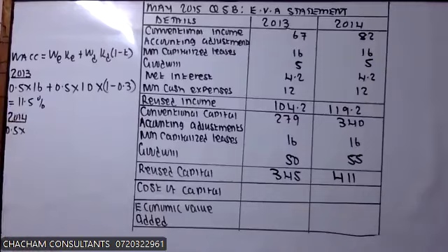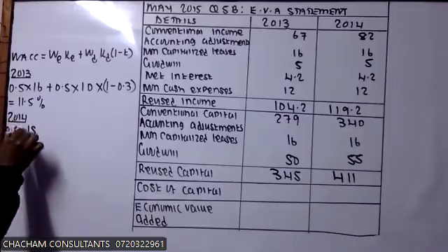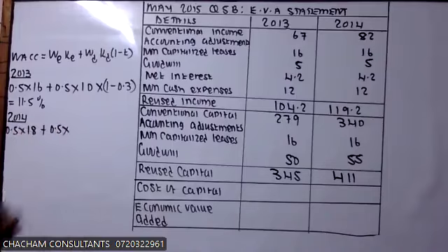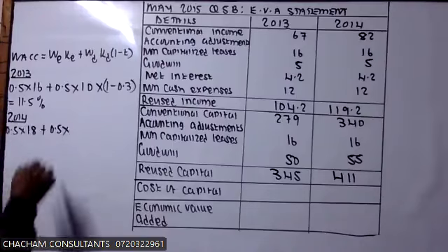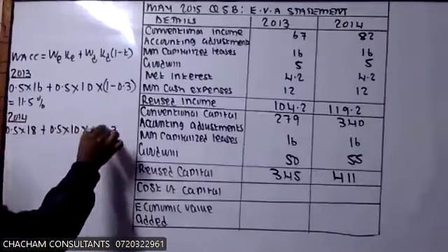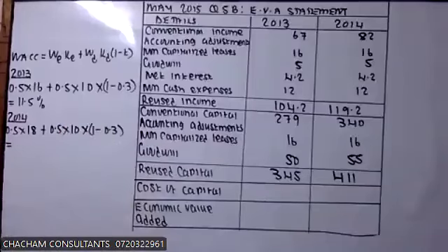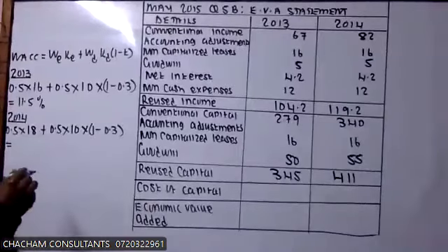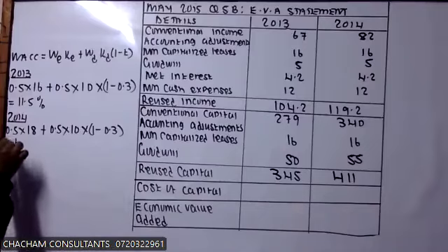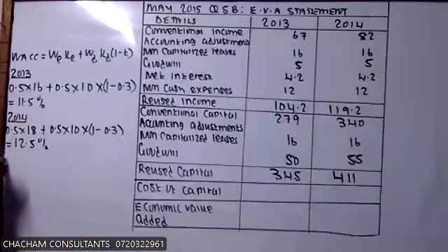Let's go to 2014. 0.5 times 2014 wako na 18, plus 0.5 times the cost of debt is 10%. That gives 12.5%.